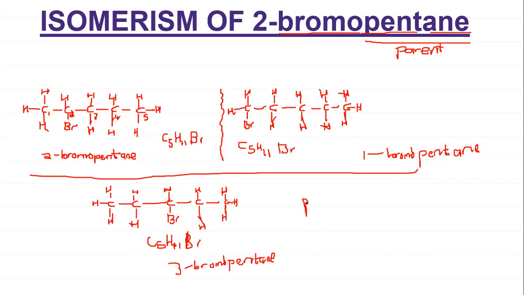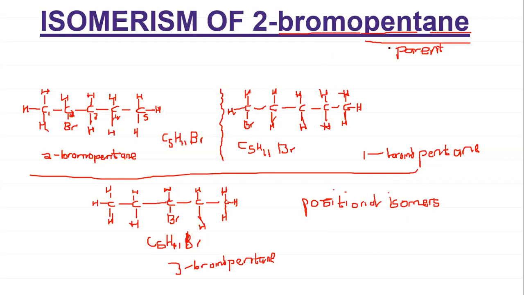So if I asked you what type of structural isomers are they, you would have said to me, Meneer, these ones are positional isomers. Why are they positional isomers? Because these are organic molecules with the same molecular formula, but different positions of the functional group.